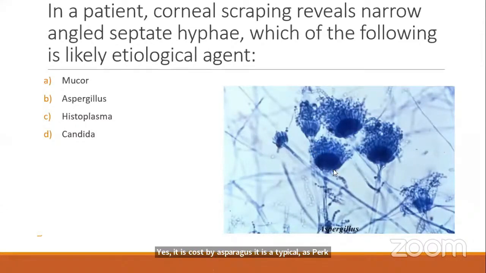Remember, in fumigatus, the conidia will always be pointing upwards, just like fumes from an agarbatti, etc. So if the conidia are pointing upwards only, it stands for Aspergillus fumigatus. There is no requirement for you to learn the species. Simple Aspergillus is enough. Okay.